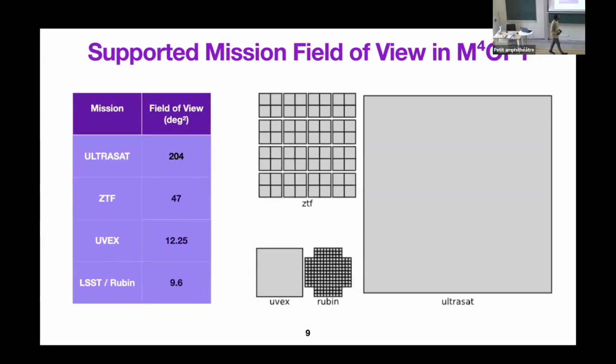Right now in M4, we support four telescopes: ULTRASAT, UVEX, which are space telescopes, and the ground-based telescopes like ZTF and Rubin, that we have here. And here we can model a specific field of view depending on the telescope camera.